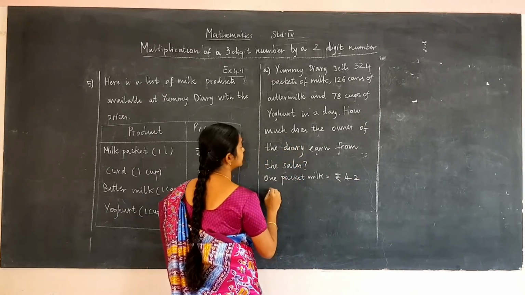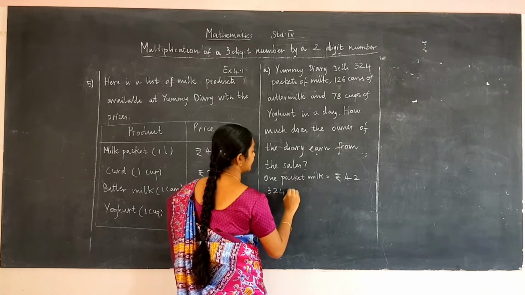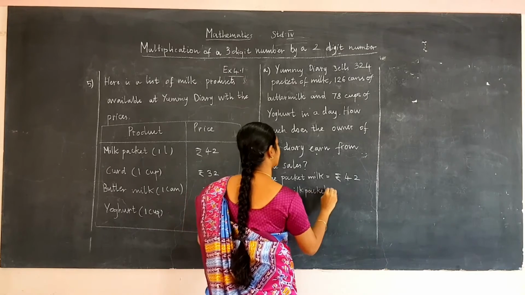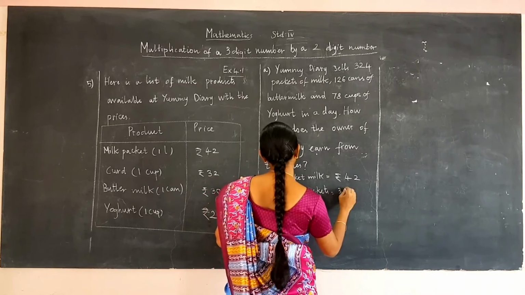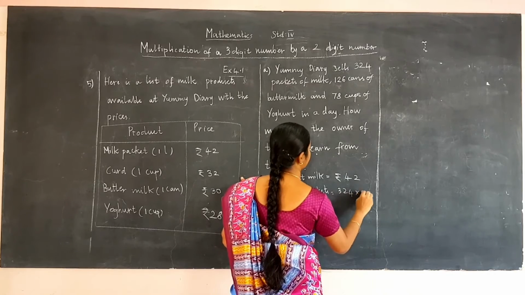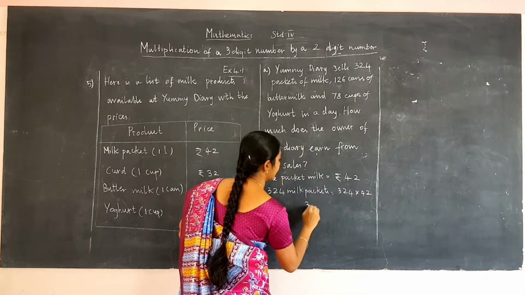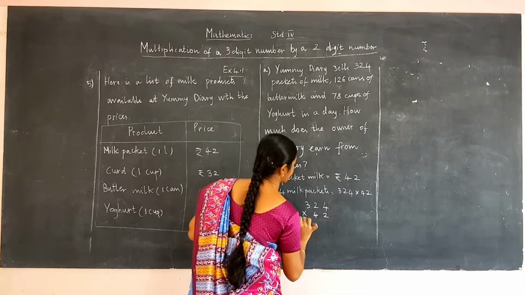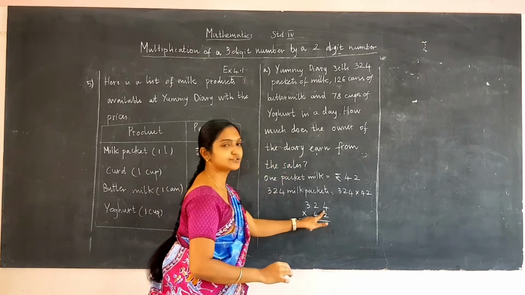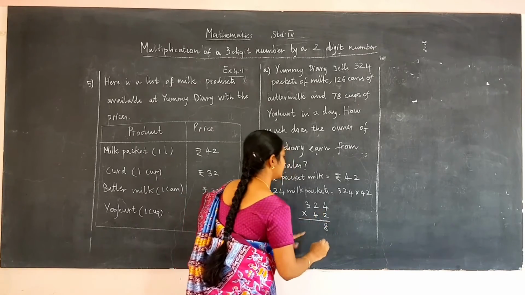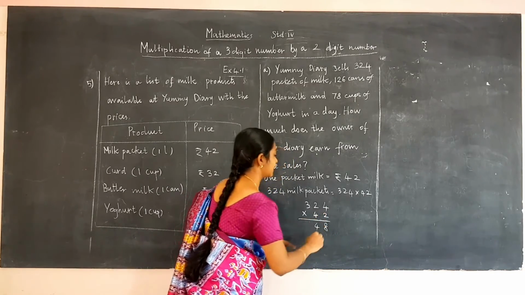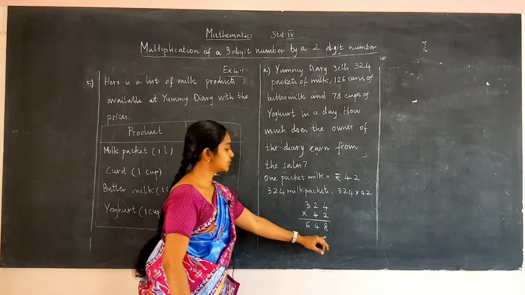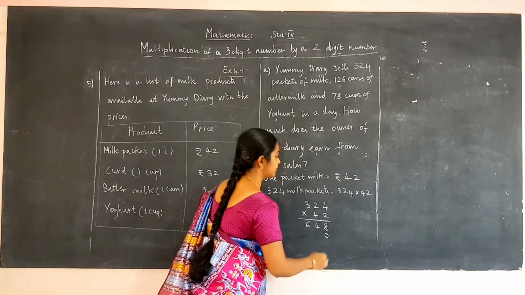Then for 324 milk packets, we have to multiply 324 and 42. 4 into 2 is 8, 2 into 2 is 4, 3 into 2 is 6. We are going to write the second line. So in the first place we have to put a 0.